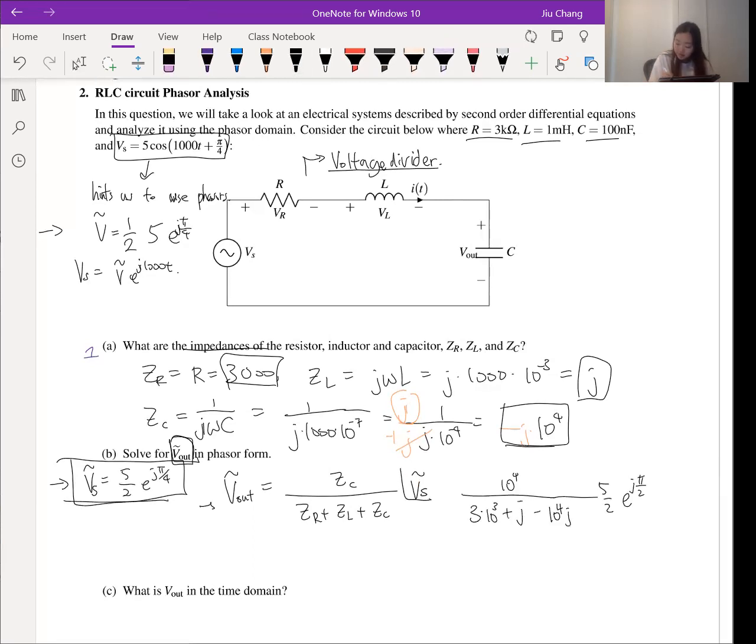So when we plug them in, we got 10,000 negative J 10,000 on the numerator and the rest on the denominator.